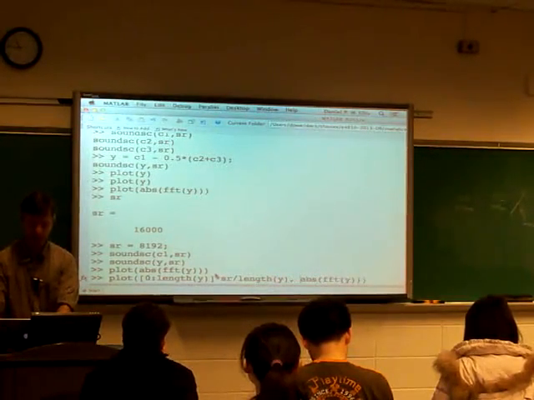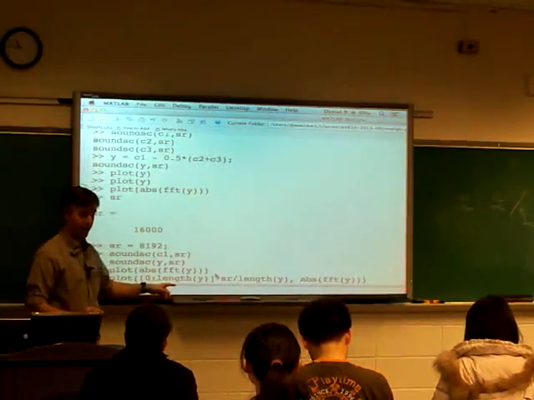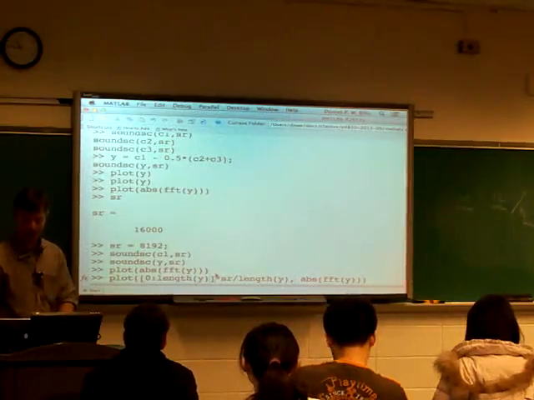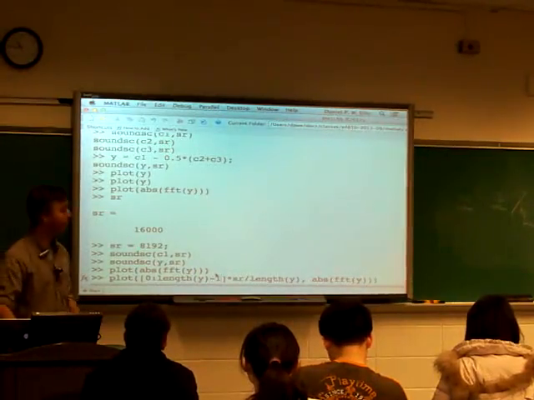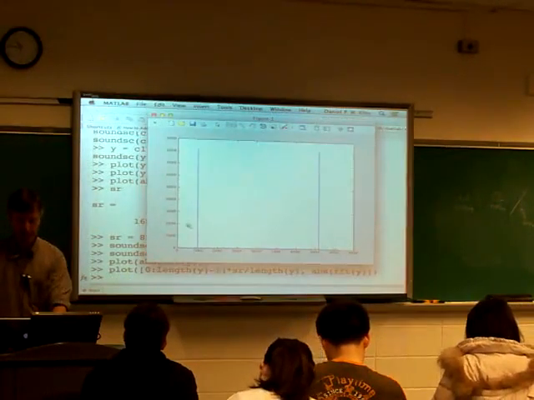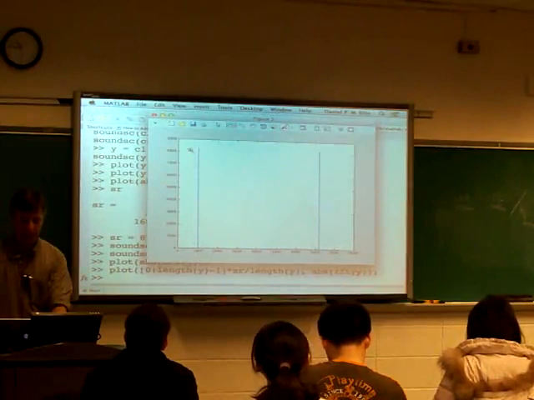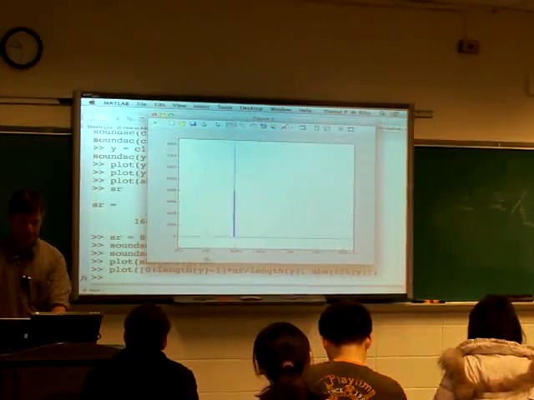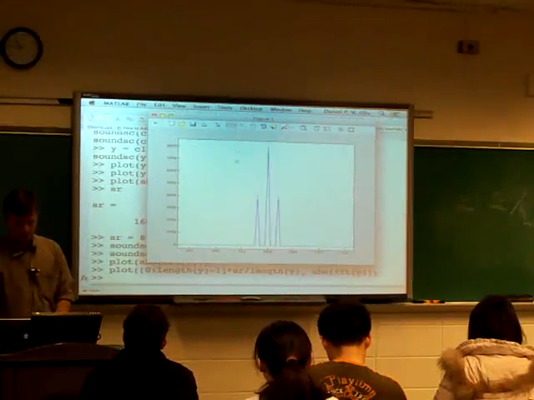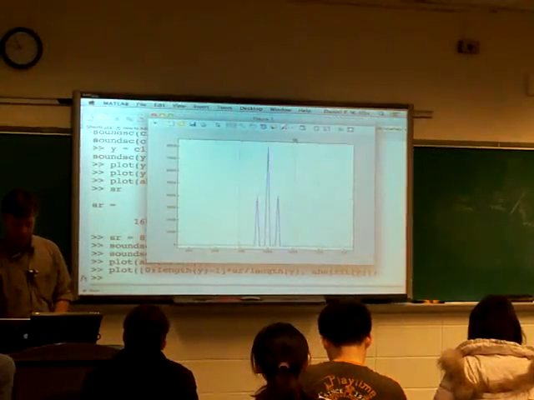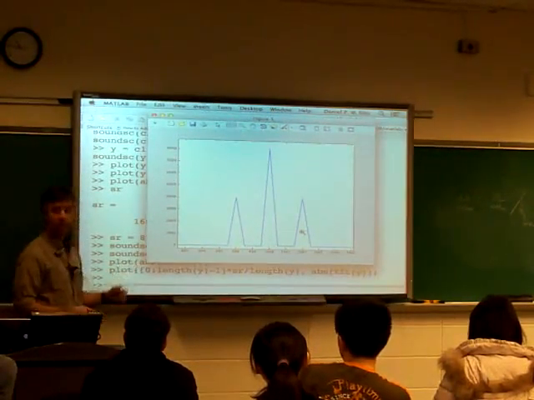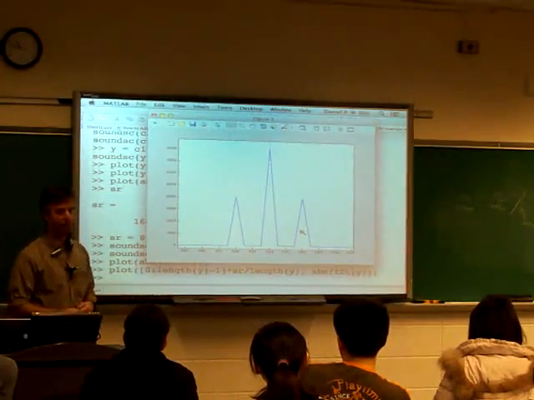So now instead of going from 1 to 16384, it goes from 0 to 16383, divided by 16384 and then multiplied by the sampling rate. So now it goes up to 8192, and the labeling here is the actual frequency in hertz, right around 1000. You see it's like 998, 1000, 1002, which were the frequencies that we actually put into the sinusoid calculation.